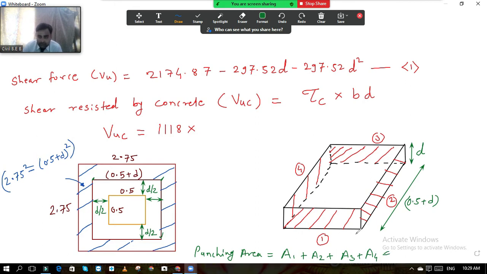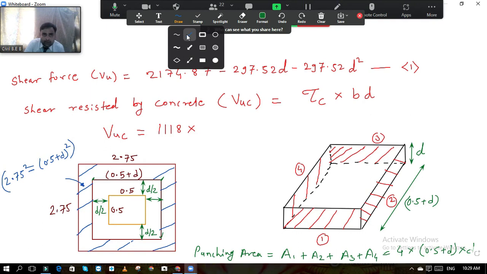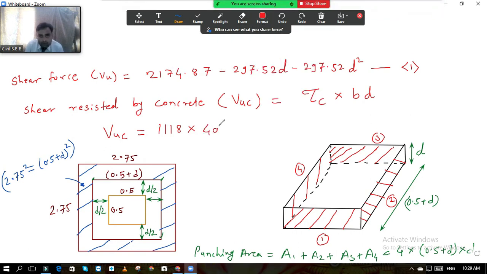This is 0.5 plus d, this is also 0.5 plus d, so your area will be 4 into (0.5 plus d) into d. So if I write over here, it is 4d into (0.5 plus d). This is the area, 4d into (0.5 plus d).